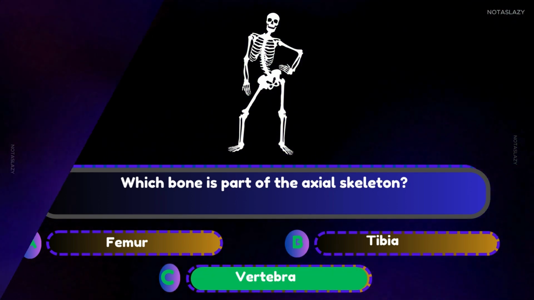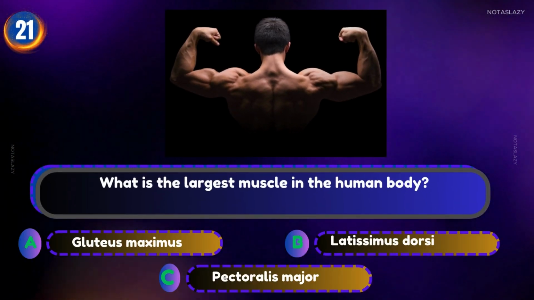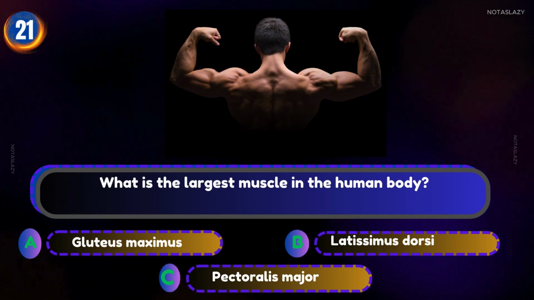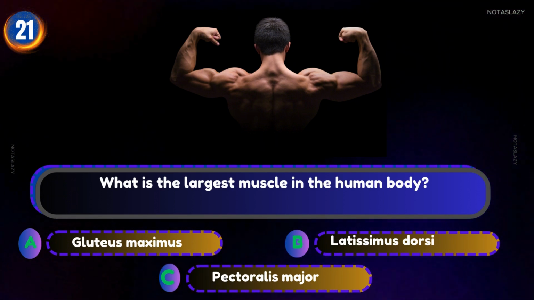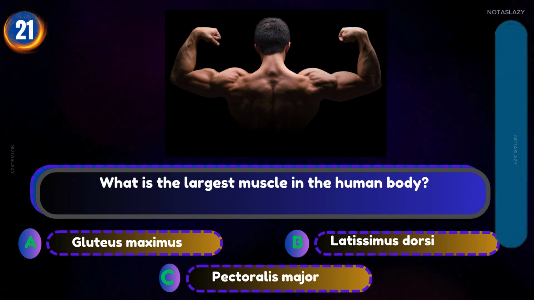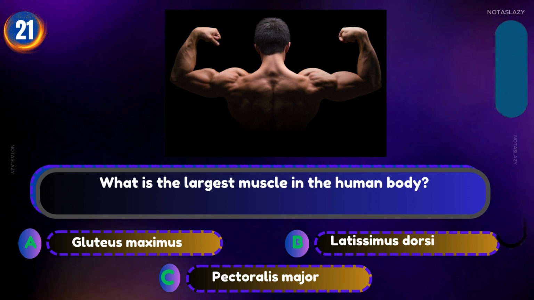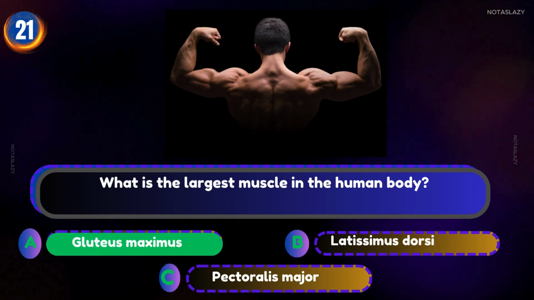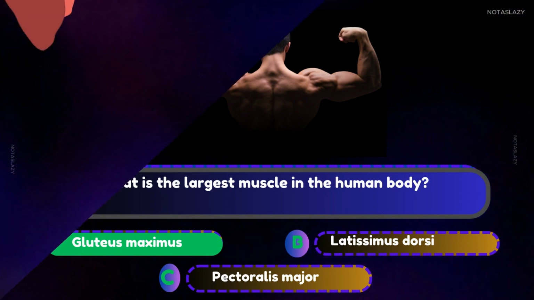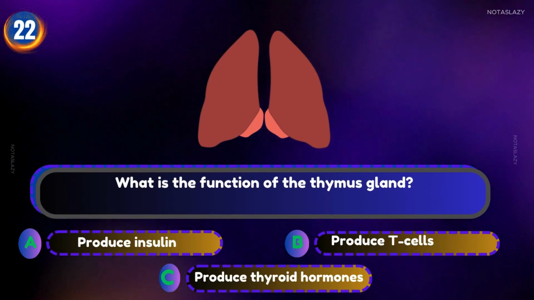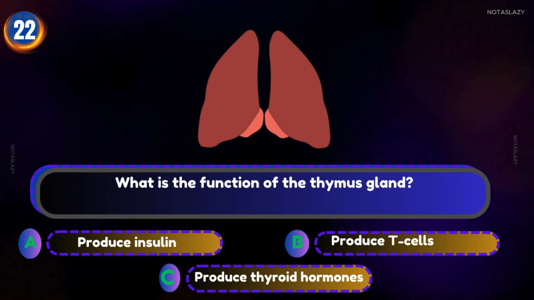Vertebra. What is the largest muscle in the human body? Gluteus maximus. What is the function of the thymus gland?